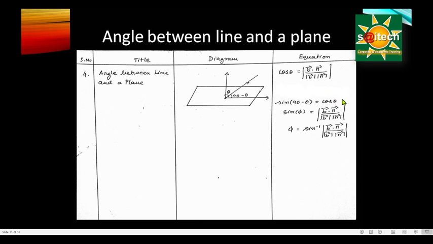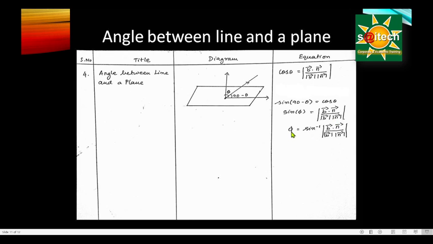Sin 90 minus theta is equal to cos theta. We already know the complementary angles formula. So here I am taking 90 minus theta as phi. So sin phi is equal to whole modulus of b vector dot n vector divided by modulus of b vector into modulus of n vector.